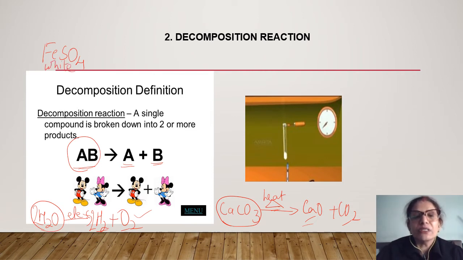So now we have ferrous sulfate which is white. So we are heating this further in a test tube and then we get ferric oxide Fe2O3 plus sulfur dioxide plus sulfur trioxide. Okay, so now this was white in color and the ferric oxide which we get is dark brown in color, or we can say reddish brown in color.